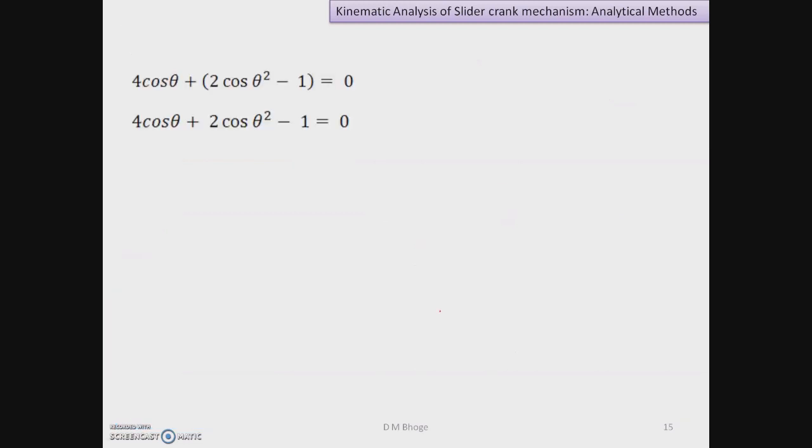This equation is a quadratic equation in cos of theta. So after solving, we get theta equals 77.01 degrees. So this theta corresponds to the maximum velocity of piston, or when the acceleration of piston is 0.